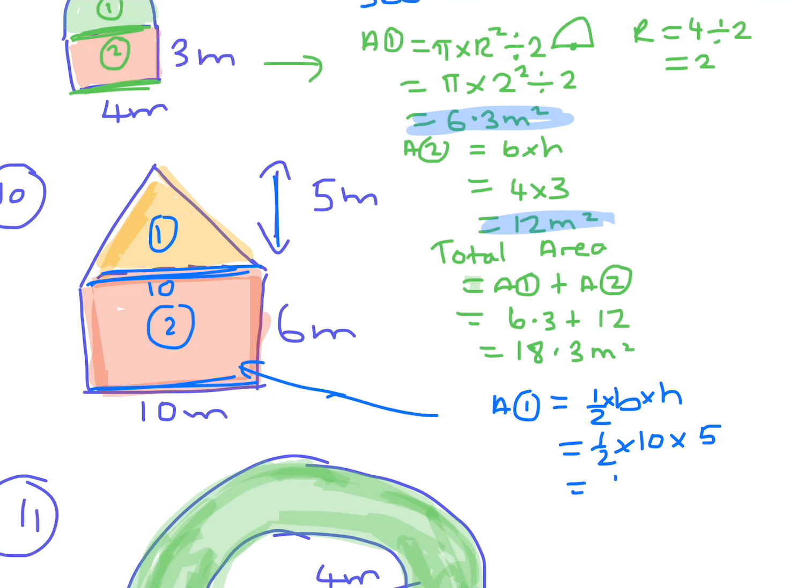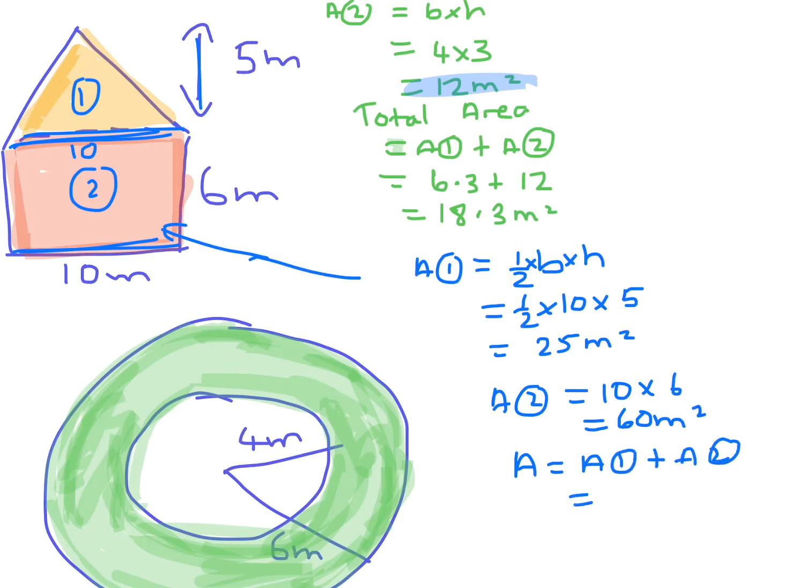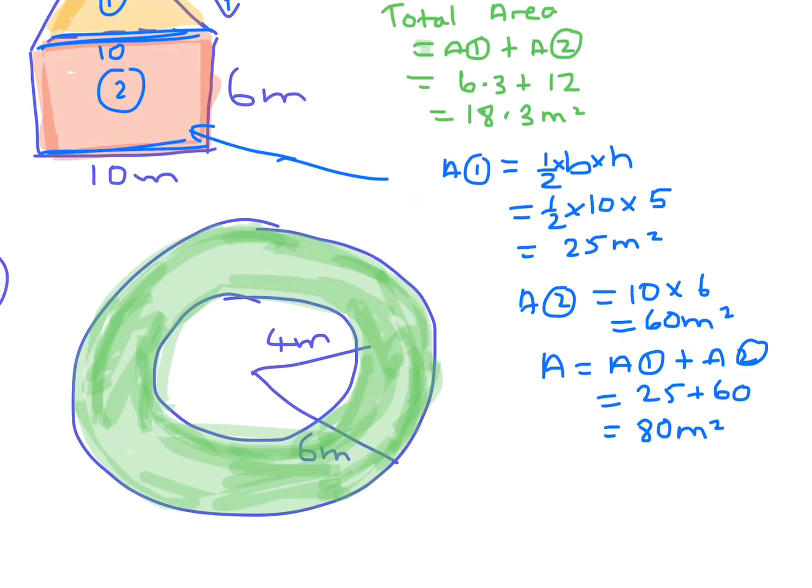So a half of 50 is 25 metres squared. Area 2. Area 2 is 10 times 6, which is 60 metres squared. And then the total area would be area 1 plus area 2, which is equal to 25 plus 60, which ends up being 80 metres squared.